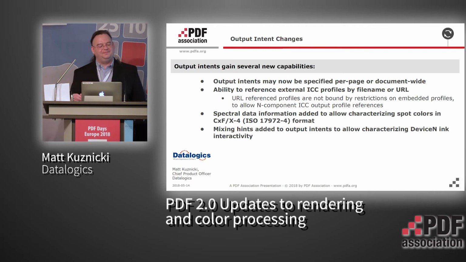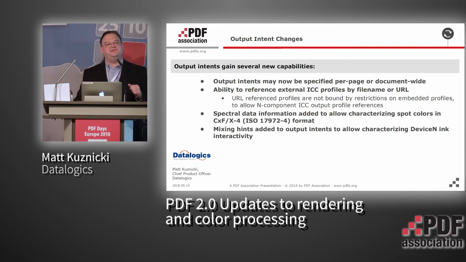Output intents. So output intents have been extended in PDF 2.0. They've gained some capabilities, some of which were in some of the earlier PDF subset standards, such as PDF/X, some of which are new to PDF 2.0. Most importantly, output intents are no longer only document-wide.